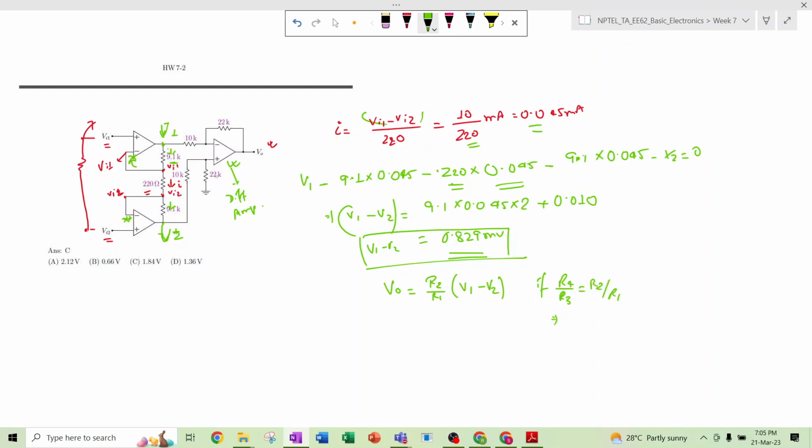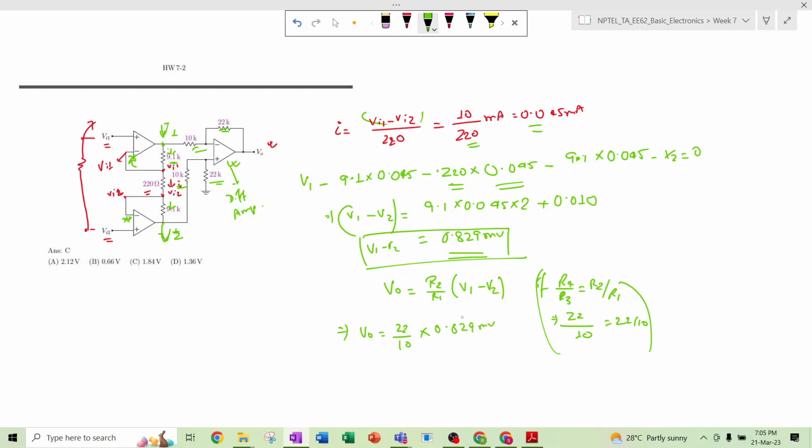So here R4 is 22, this is 22, and R3 is 10. Similarly here also R2 is 22 and R1 is 10, so it is satisfying, that means it is a difference amplifier. So this output VO will be R2 divided by R1, that is 22 divided by 10, multiplied with this difference voltage, 0.829 millivolt.